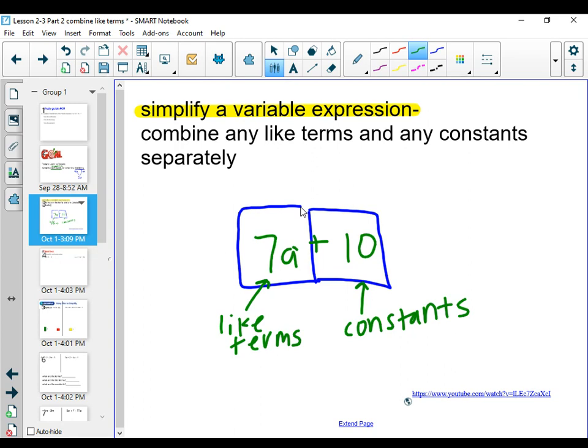That is a huge no-no. Because really, this means 7 letter A's. And this means 10 positives. The positives don't look like A's to me, so we cannot combine them. Our whole goal is to combine the like terms and keep them separate from the constants.